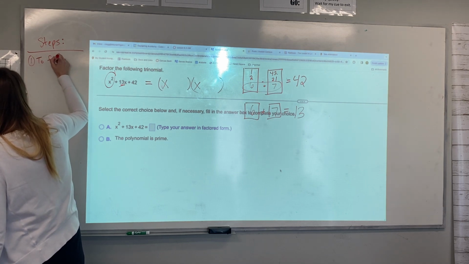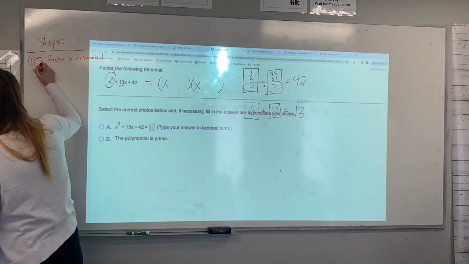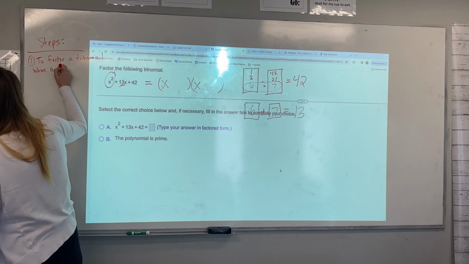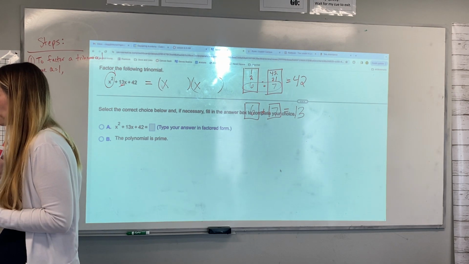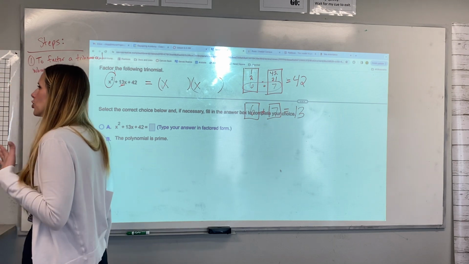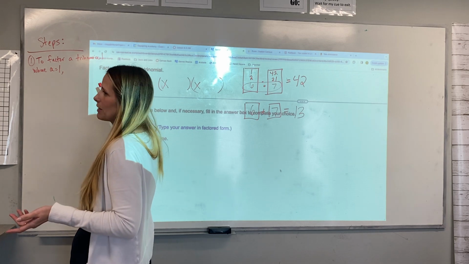To factor a trinomial where a equals 1. I know you don't understand what that means, but I have to specify that because in the future, you're going to learn how to factor a trinomial, and by the future I mean tomorrow.